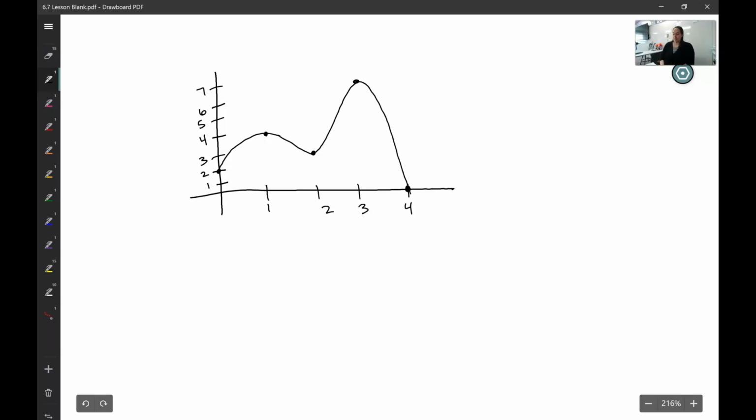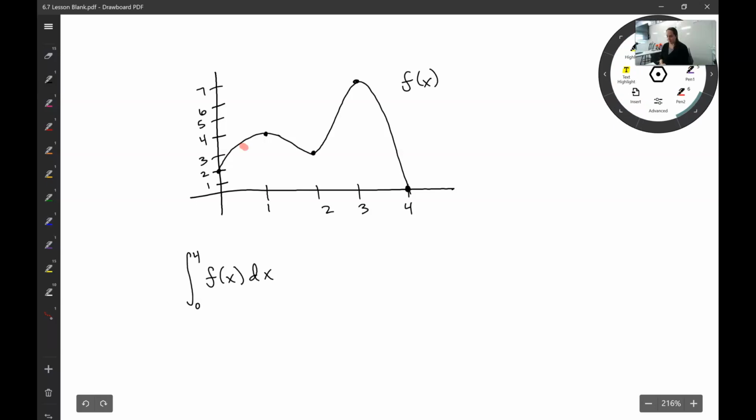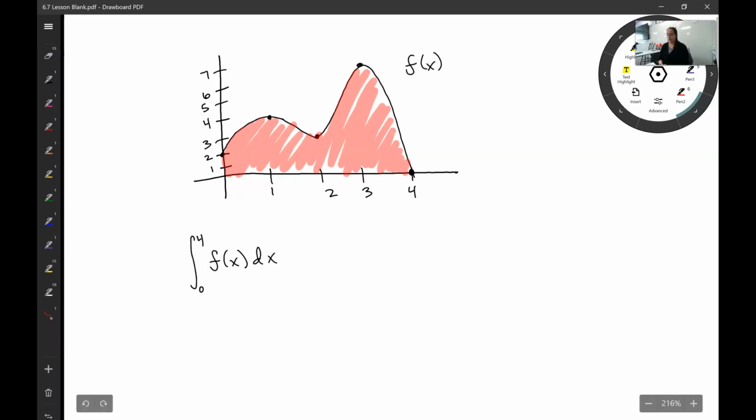Okay, so let's say this is our curve. And I want to find the integral from 0 to 4 of this curve. So we know at this point that this means I want to find all of this area. That's what that integral means. I want to find the area under this curve.